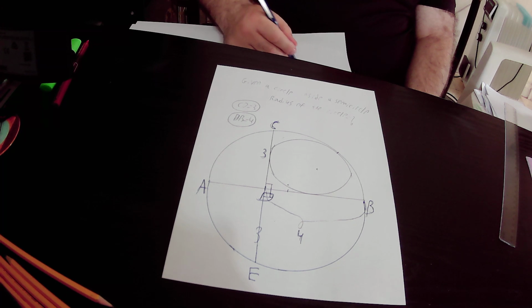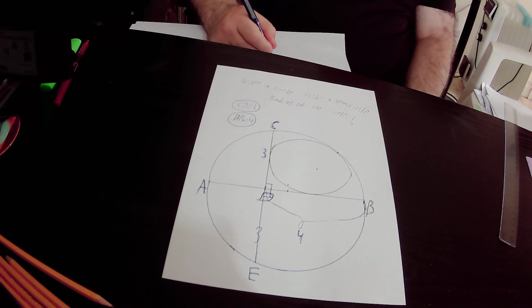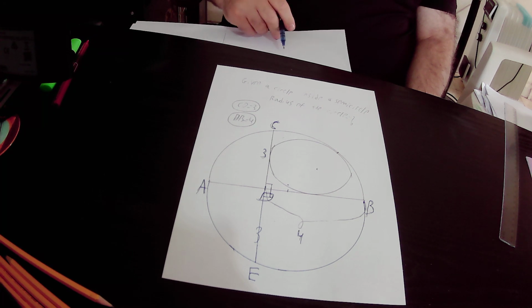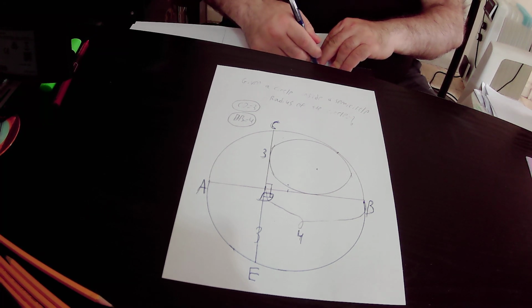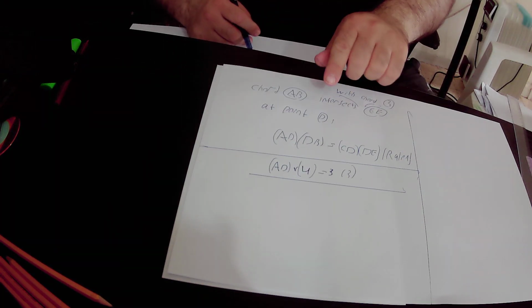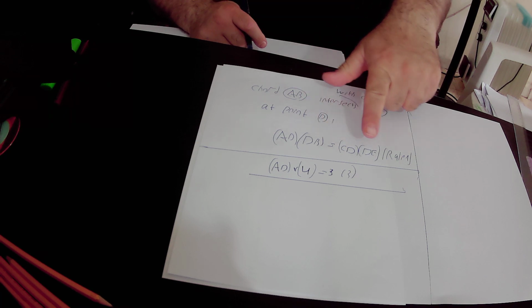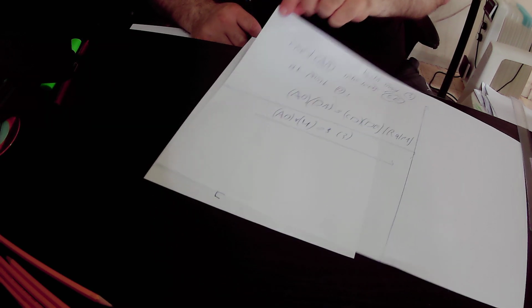And it is equal to CD, that is 3 units, times DE, that is also 3 units. So in conclusion, according to rule number 1, AD times 4 equals 3 times 3. 3 times 3 is 9.